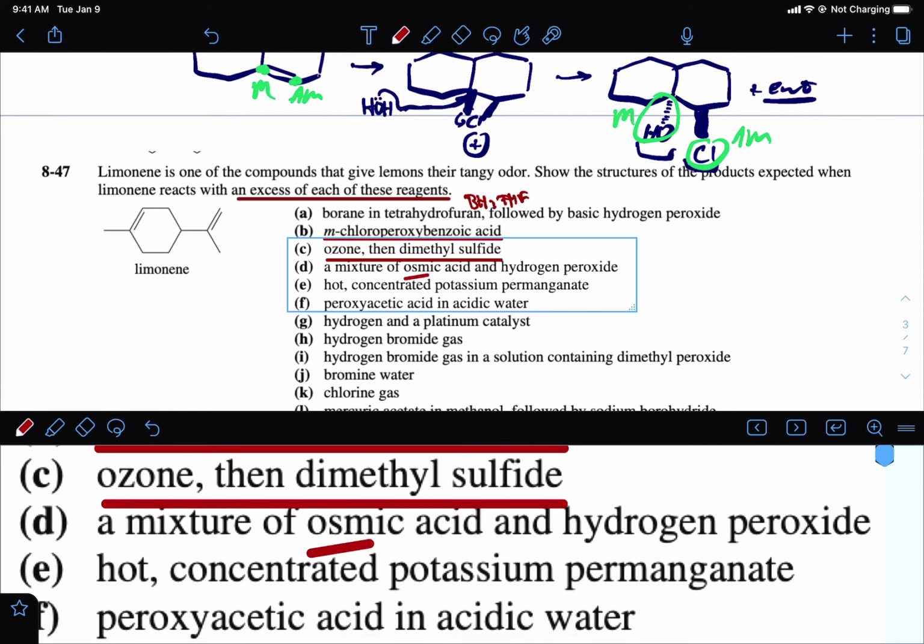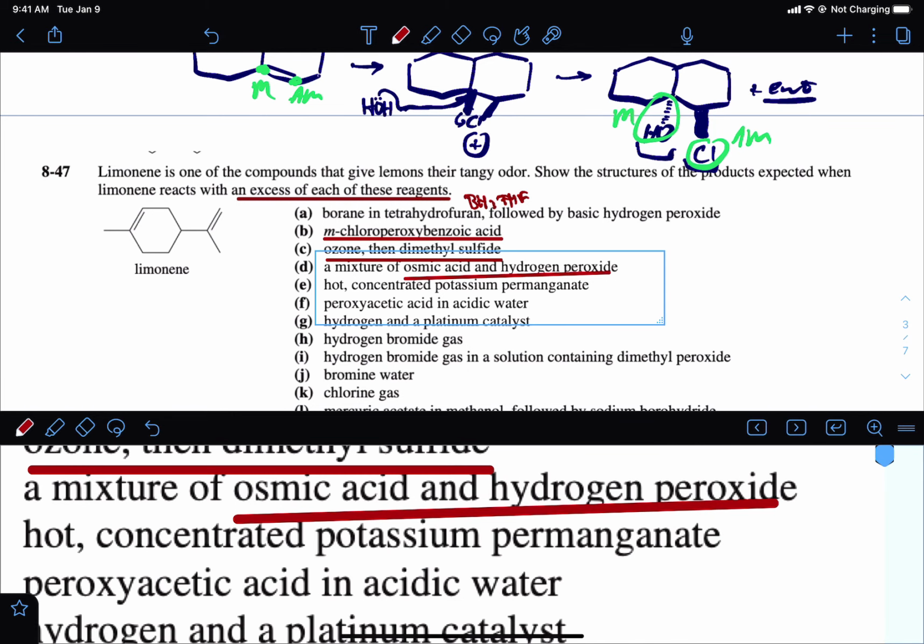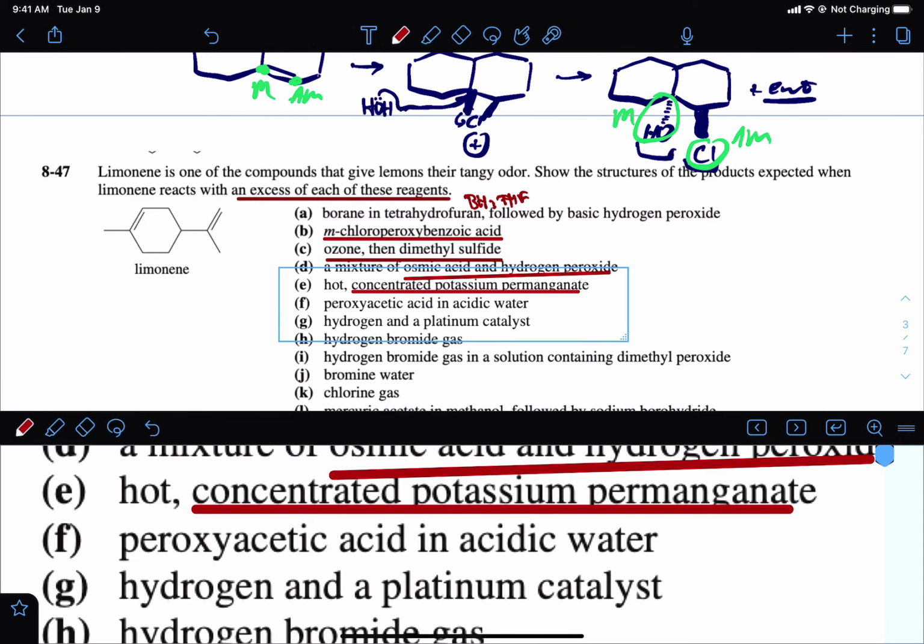Osmium tetroxide, OsO4, and hydrogen peroxide, that was syn-diols. Hot, concentrated KMnO4, cleaving the double bonds and turning aldehydes into carboxylic acids. Peroxy acid, making the epoxide and then opening it up to make anti-diols.